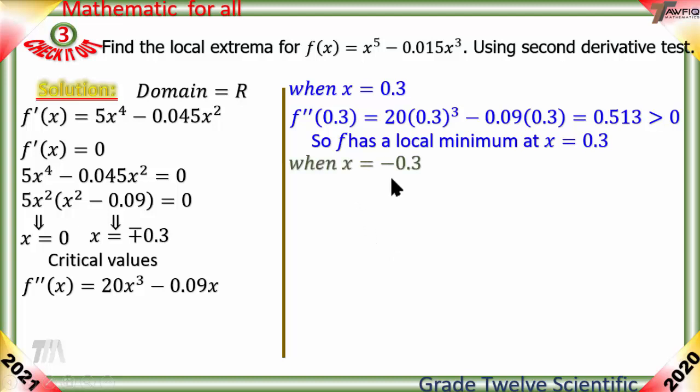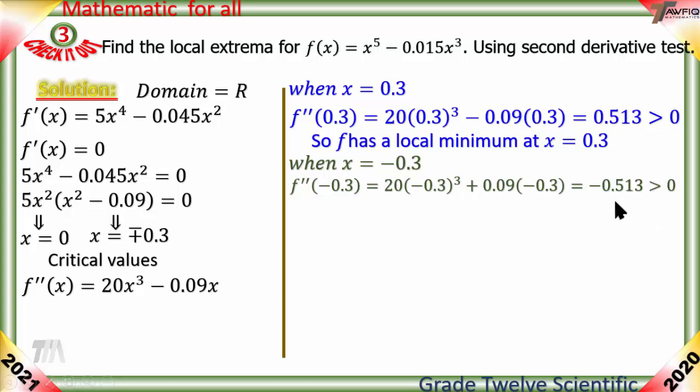When x is equal to -0.3, f''(-0.3) is equal to 20 times (-0.3) cubed plus 0.09 times 0.3, which is negative. It is less than 0.